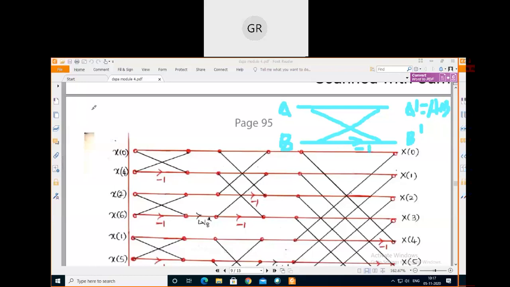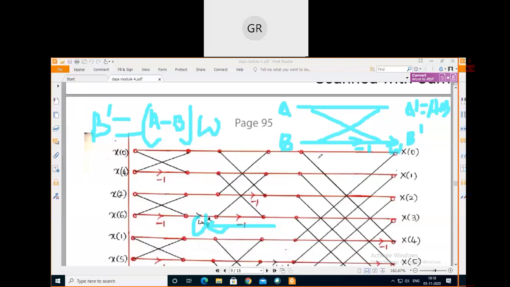A minus B. Okay, the second input, sorry, the whole input A minus B is multiplied by the twiddle factor. B dash is equal to A minus B multiplied by the twiddle factor.